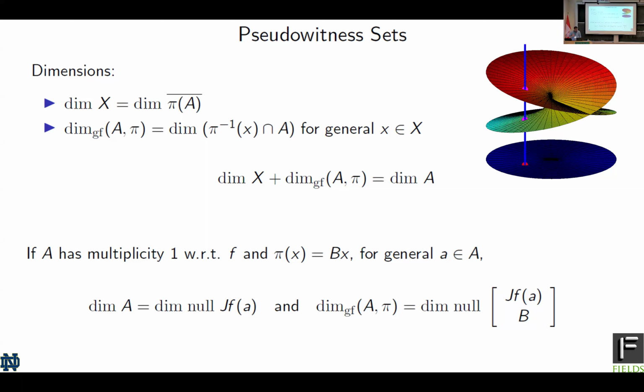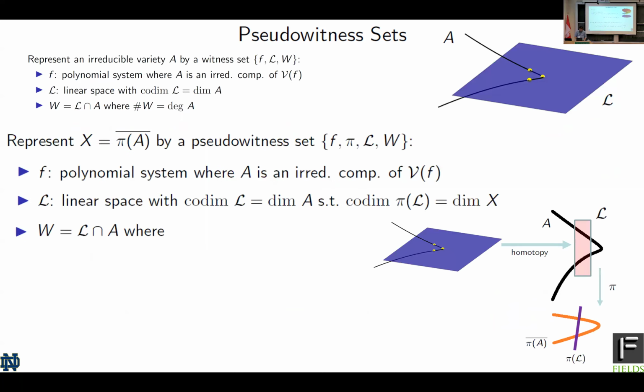So what this tells us is I now need to change my slice from being a general slice to one that respects these dimensions. It's pseudo because I don't have a defining system.